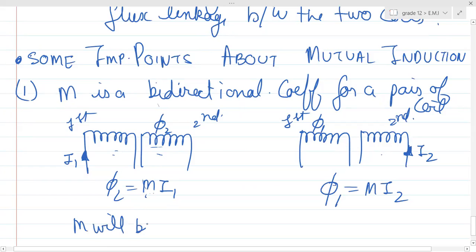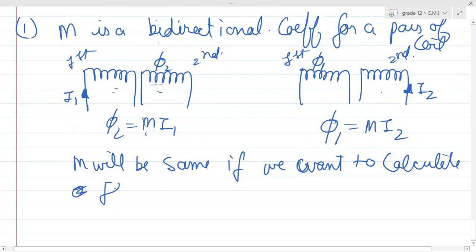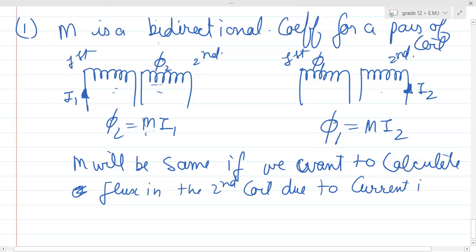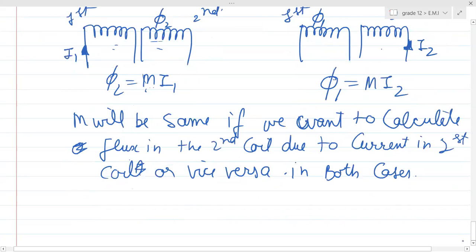M will be the same if we want to calculate flux in the second coil due to current in first, or vice versa, in both cases. Clear? Yes, sir.